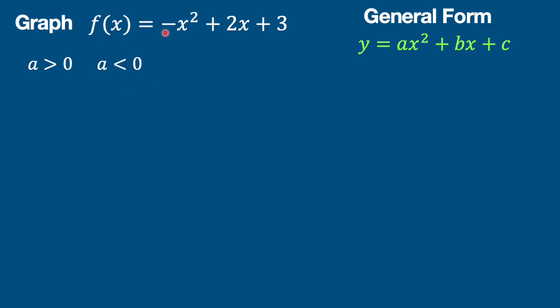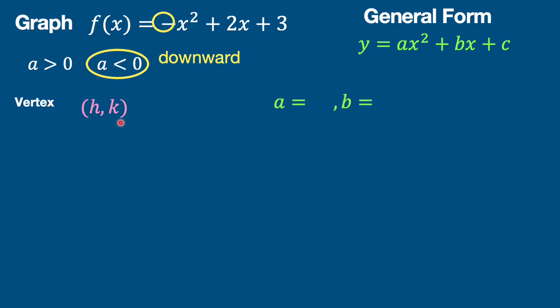The a value is negative, which means the parabola opens downward. Second is the vertex. How can we find the vertex when they give the general form? h, k, a, b. We need a and b, right? a is gonna be negative 1, b is gonna be 2.